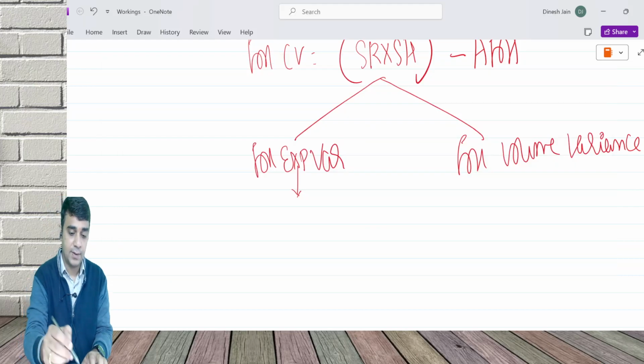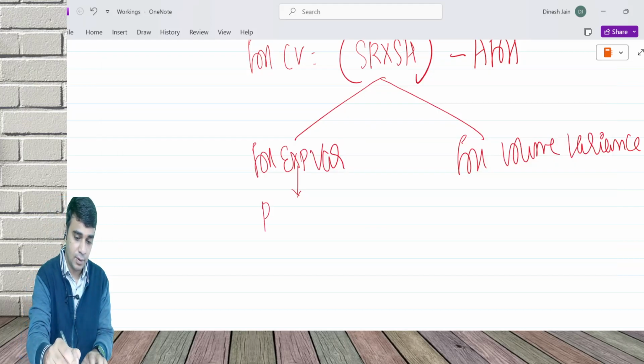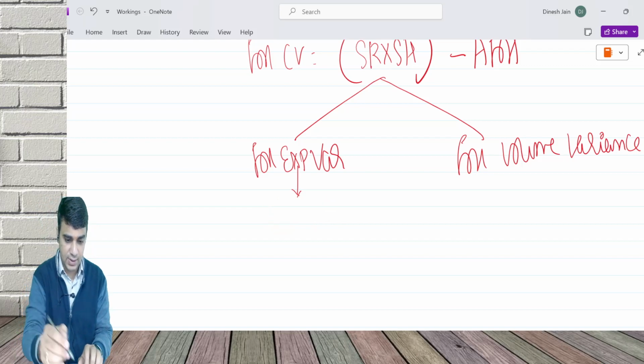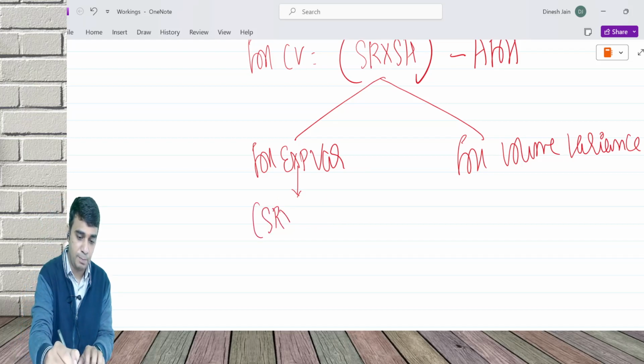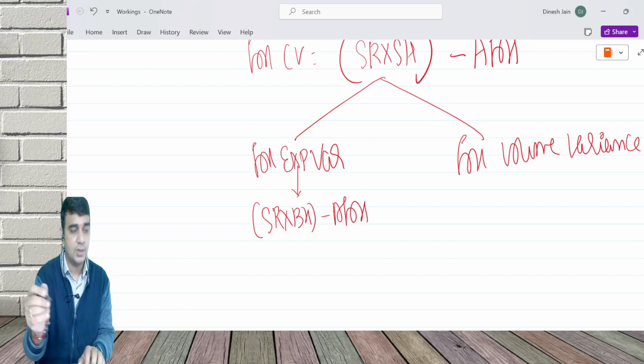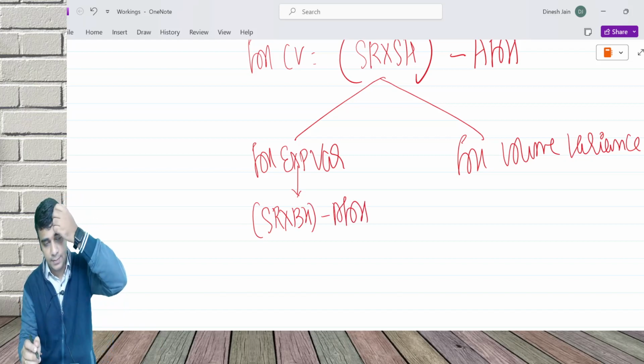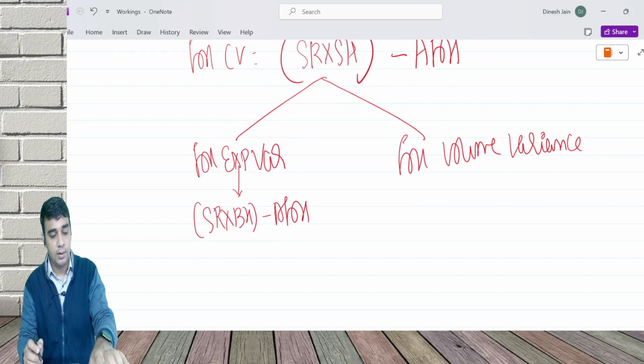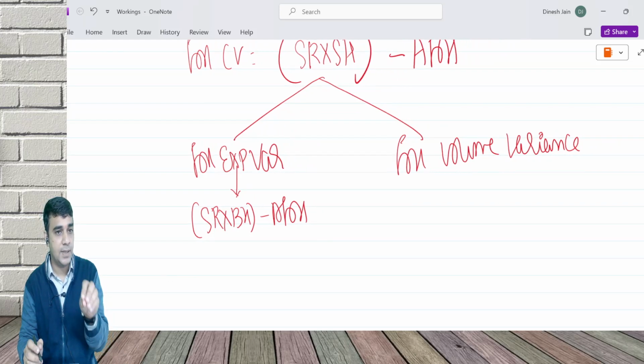Expenditure variance part is BFOH minus AFOH. Or don't write this way, sorry, you'll unnecessarily get confused. From the chart, SR into BH minus AFOH. SR into BH is technically BFOH. The logic is very simple: budgeted expenditure minus actual expenditure.